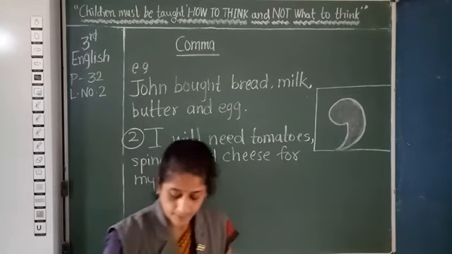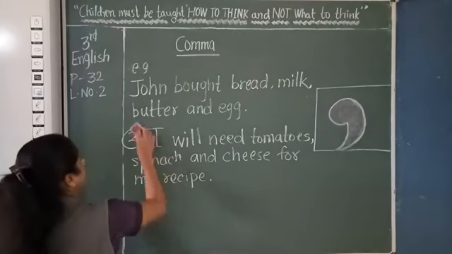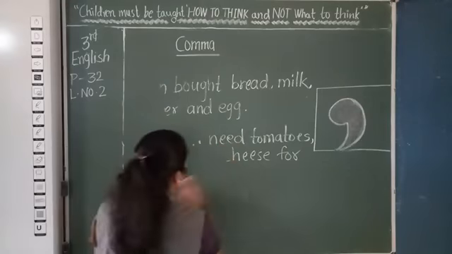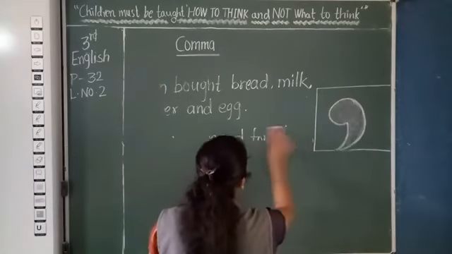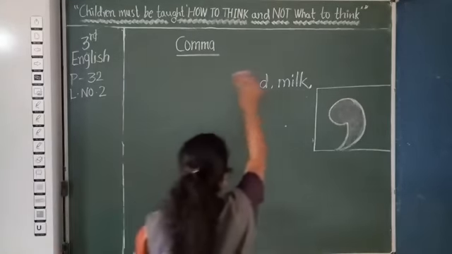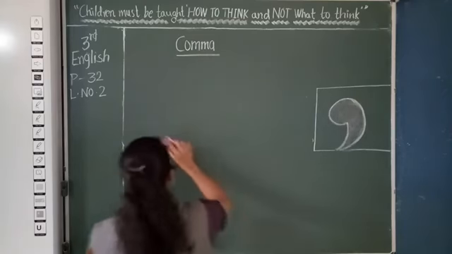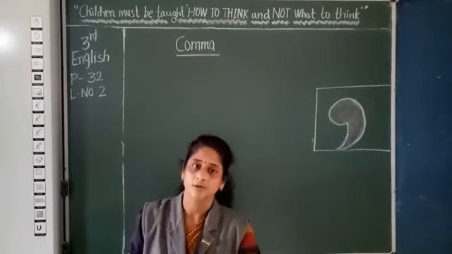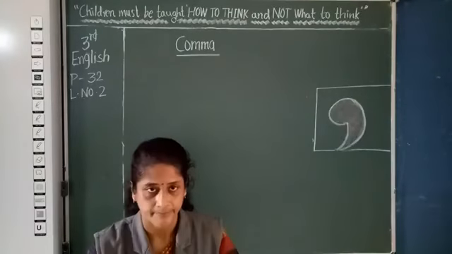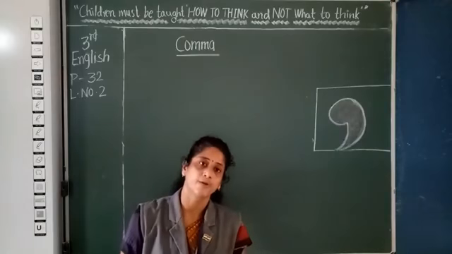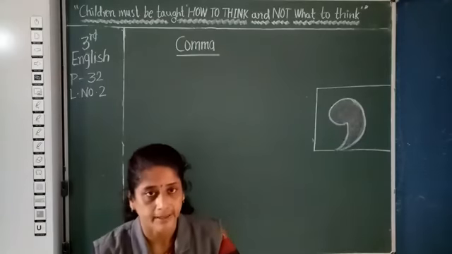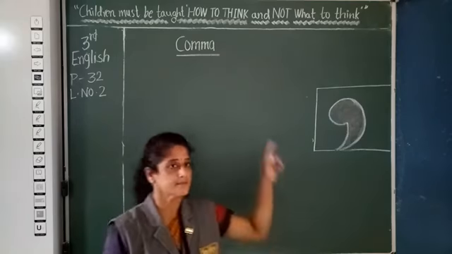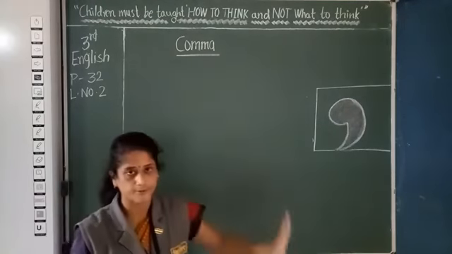So this was the example for commas to be used when you are writing your sentence, and they should be used when you want to separate a list of a series of items. Okay, and there should be more than 2 or 3 items, then only you can use the comma to separate. This is one of your punctuation marks.